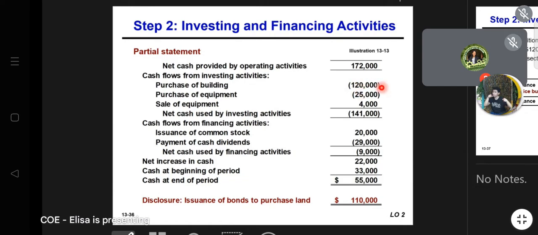We can see it directly, under our long-term assets, which increased. So that means you bought, so automatically that's a use of funds. And purchase of equipment, that's a use of funds. And then here, sale of equipment, 4,000. That is an addition to cash.